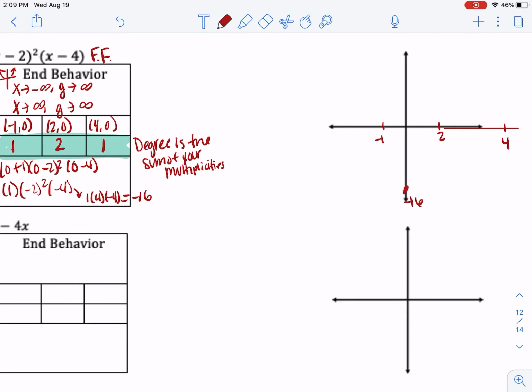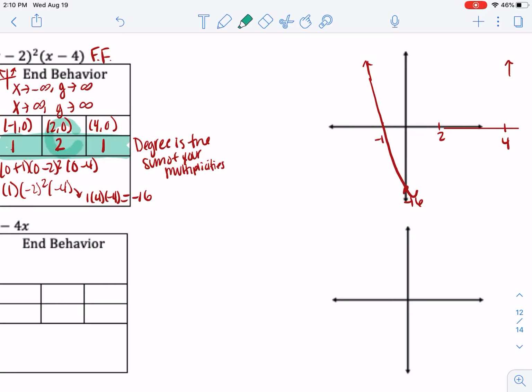Because of my end behavior, I know this side must be going up. I know this side must also be going up. So that's going to give me a guiding place to start. I like to start on the left because it's easier. The multiplicity at -1 is 1, so it's going to go straight through. I'm going to go down to the y-intercept, and then I know at some point I have to turn around.